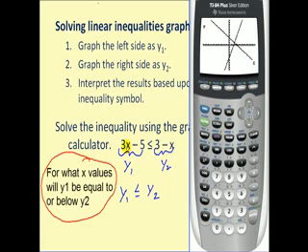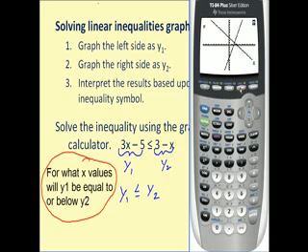The first thing I recognize is y1 has a positive slope. So this is the y1 and this is the y2. We want to know, when is y1 equal to or below y2? Well, let's first find that point of intersection.